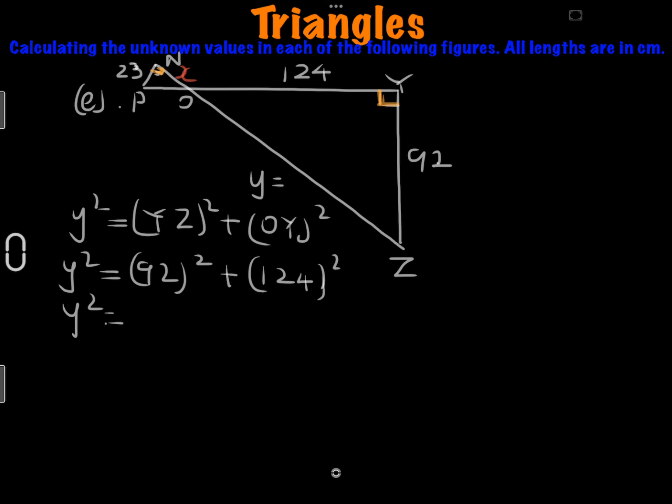So if you raise 92 to the second power, we get 8,464, plus, if you raise 124 to the second power, we get 15,376.